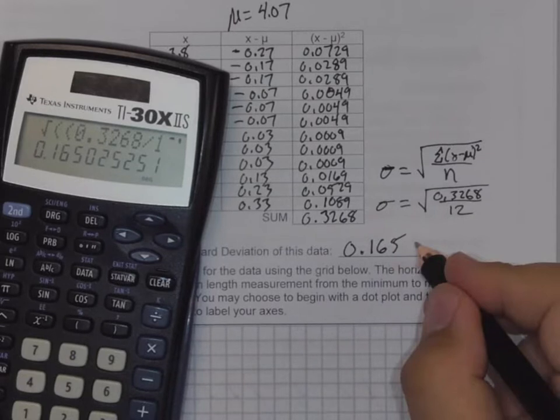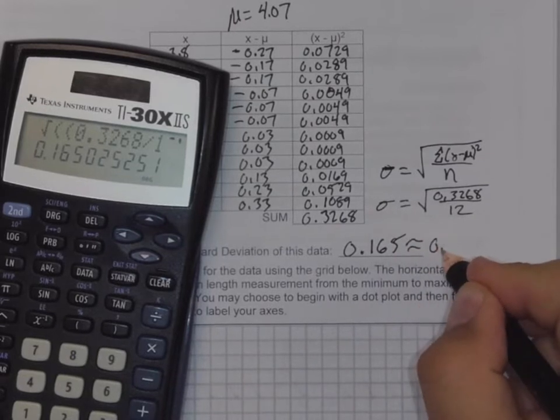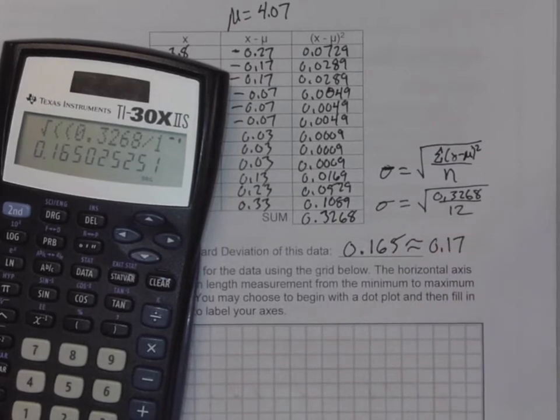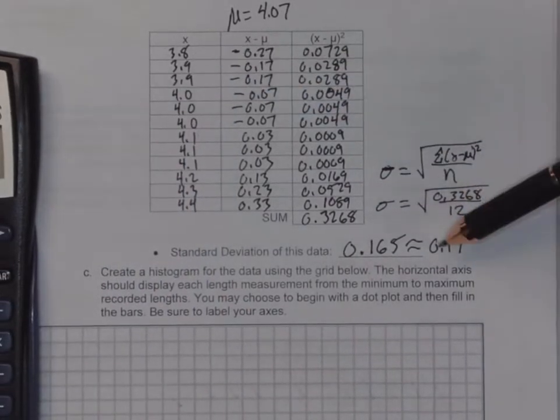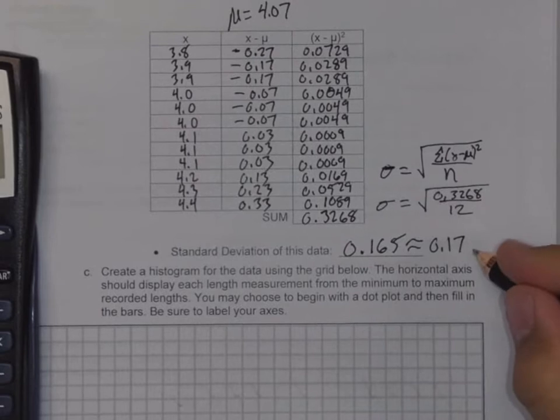So this right here, I'm actually going to say, well, that's 0.17 for my data set. Because if you remember, the original data points only have one decimal place. This one has two. So this is the way we want to express our final answer.